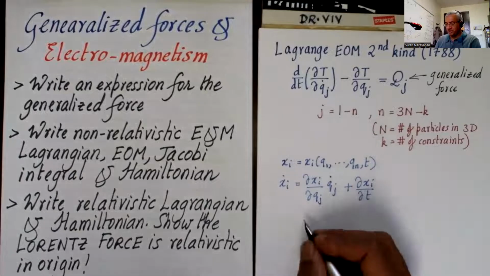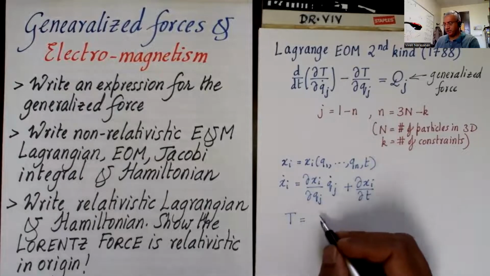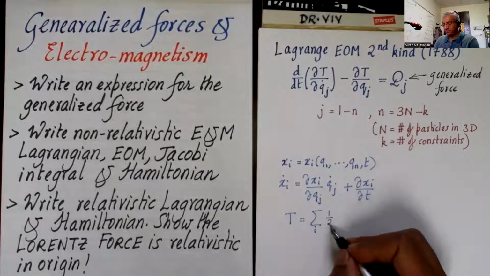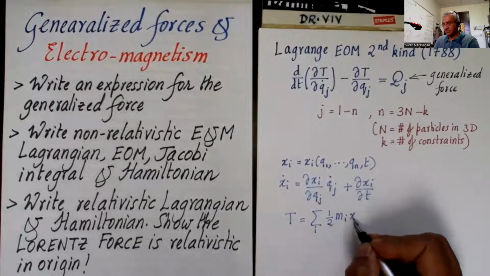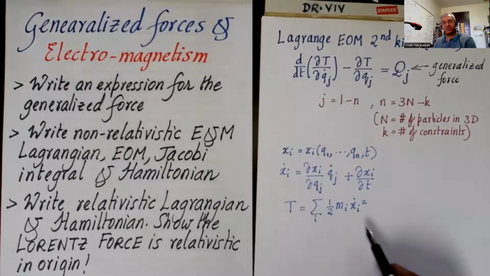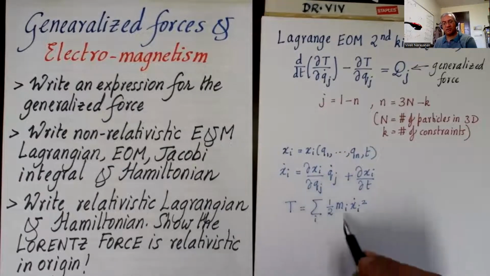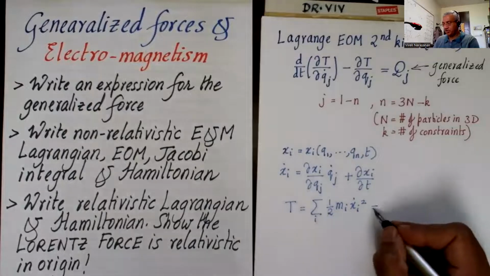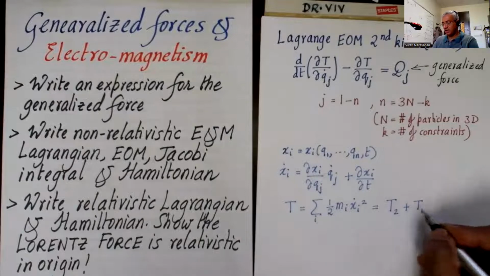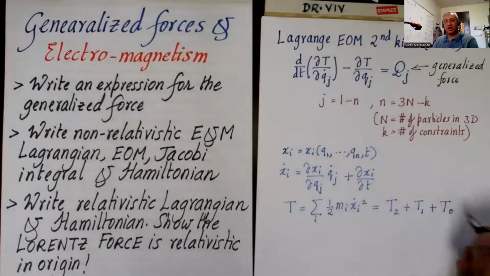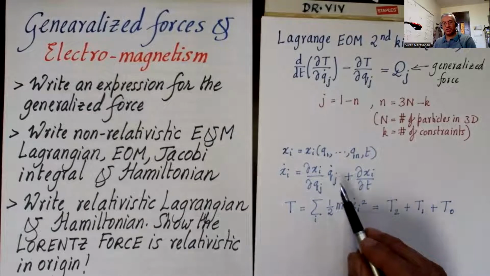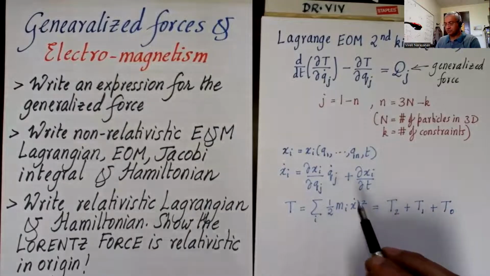So the kinetic energy T can now be written. It's a sum over all the i of 1/2 mi xi dot squared. If I substitute for xi dot, I'm going to get 3 kinds of terms. I'm going to call them T2, T1, and T0 based on what power of qj dot is there in them.